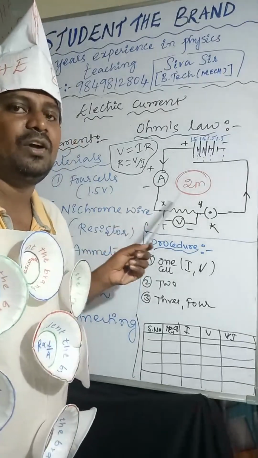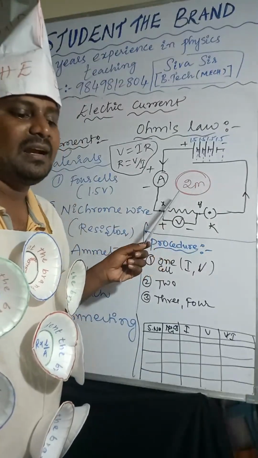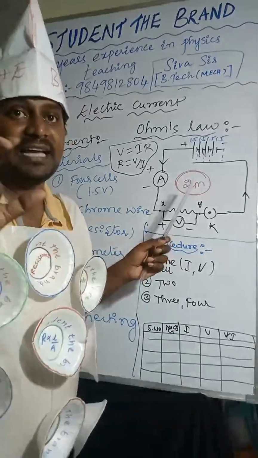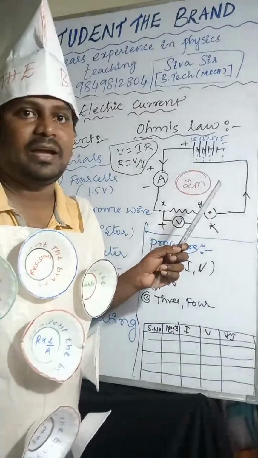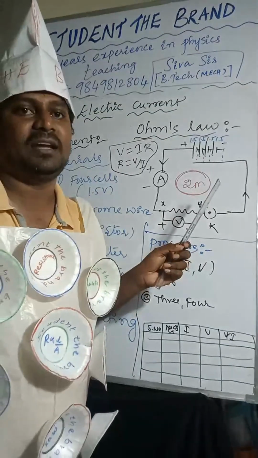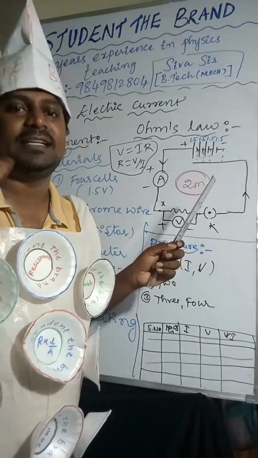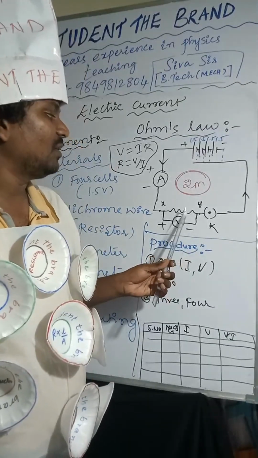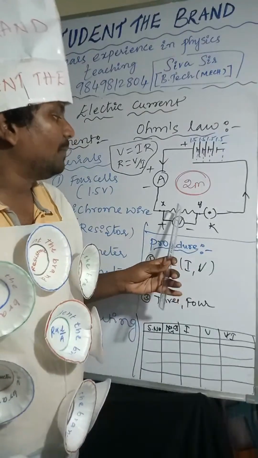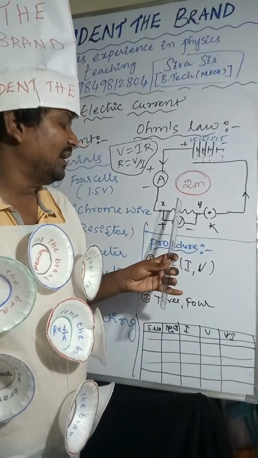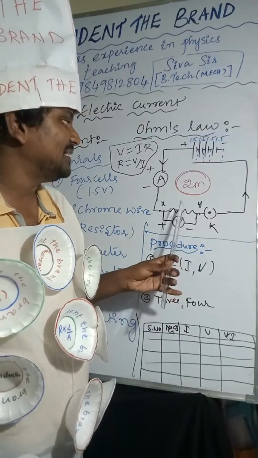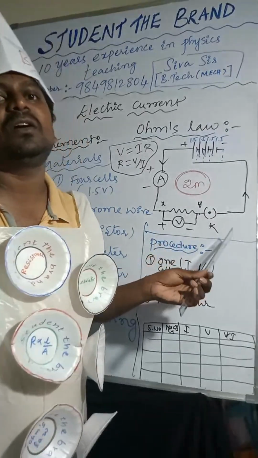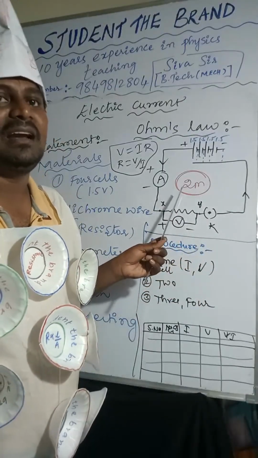According to the textbook definition, the potential difference across the given metallic conductor is directly proportional to the current flowing through it. V is directly proportional to I.